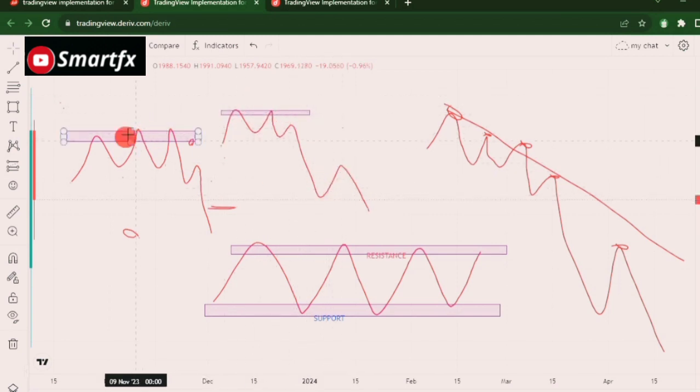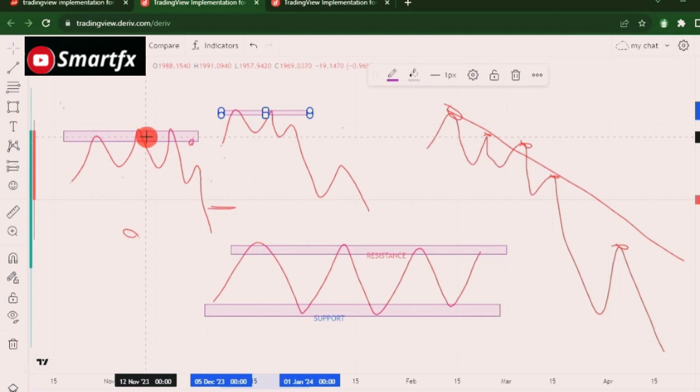So mostly these are the reversal patterns you can see in the market, and they work very well. As a price action trader, these are the things you'll be looking out for. And this same thing applies to the triple bottom and then double bottom. It's just the reverse of it.